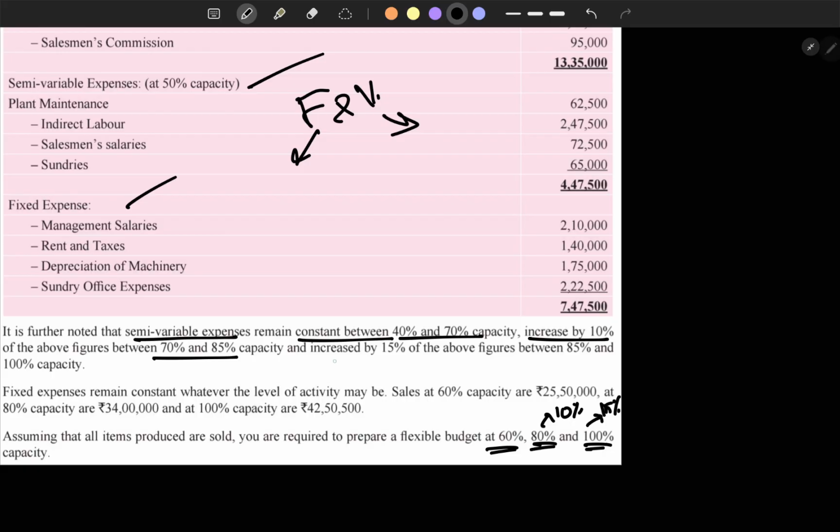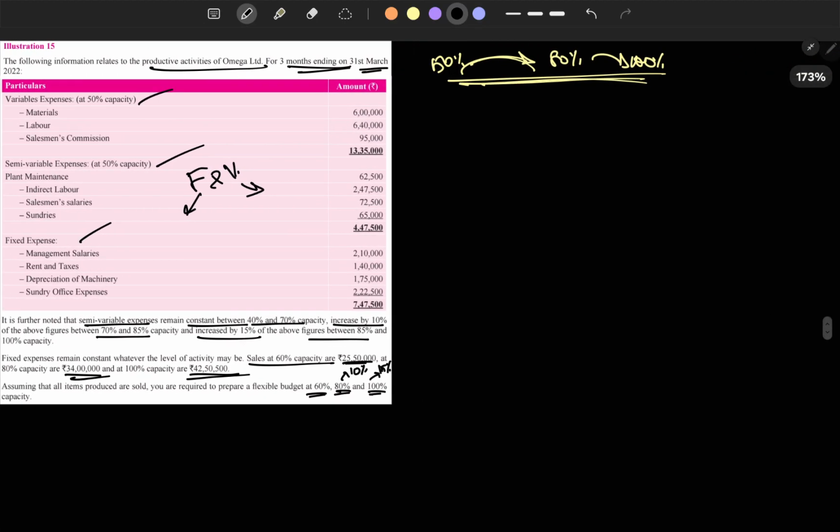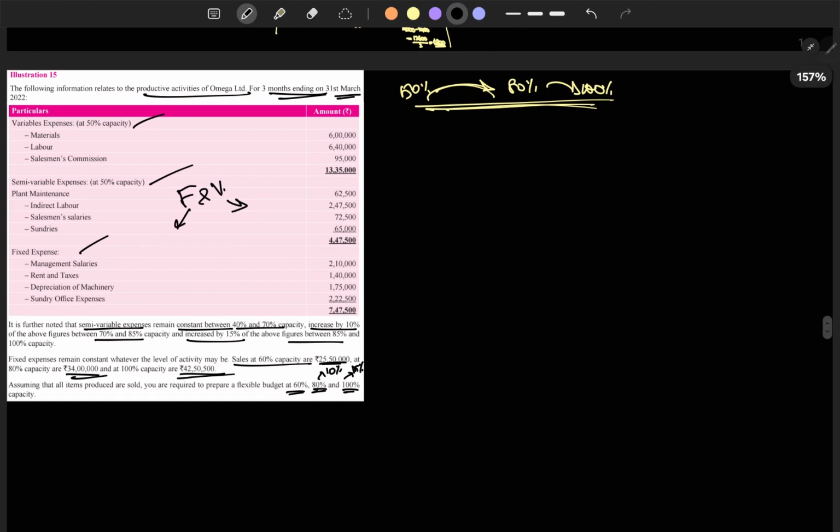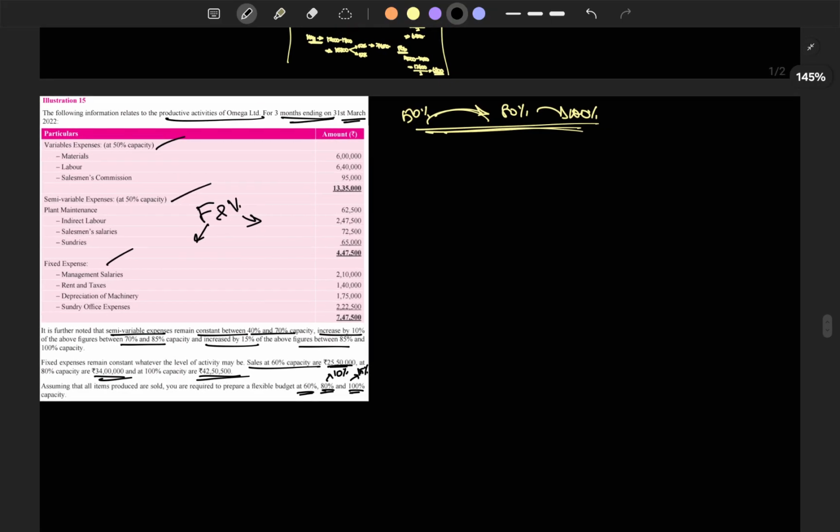And then sales at 60 percentage capacity, we have 25 lakhs 50,000 sales, at 80 percentage capacity 34 lakhs sales, and at 100% capacity 44. Okay, that's it. The information given to us is very limited, but we are going to flex it as in the question itself.